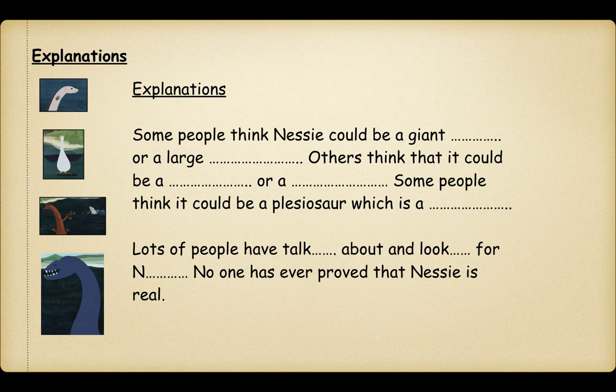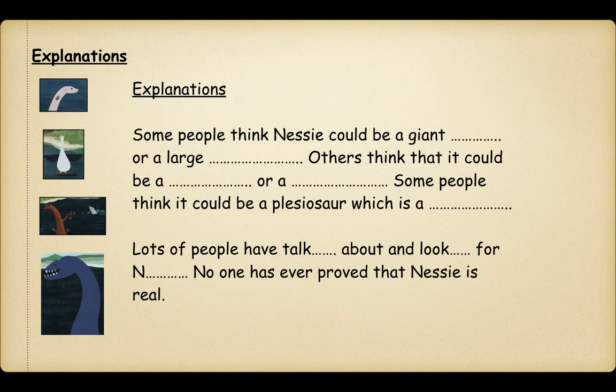So before I leave you to this task, let's go over the images, because it's the images here that will help you fill in the gaps. So at the very top, the explanations for Nessie could be that Nessie has been mistaken for a giant eel, or possibly a large bird which is probably sitting on the water.